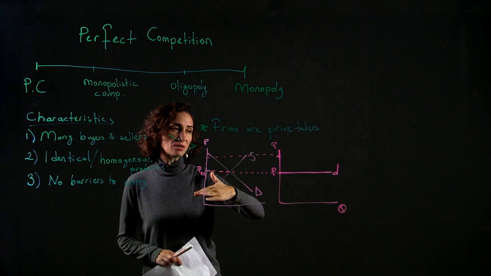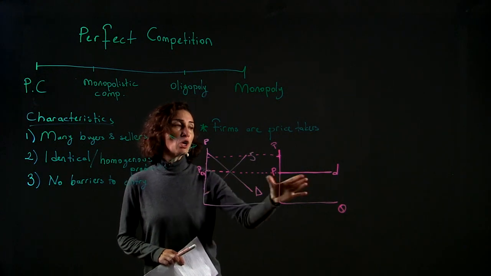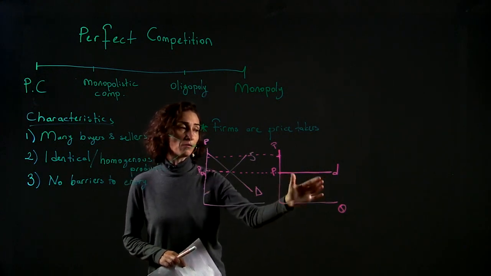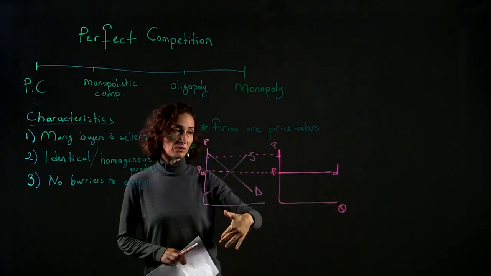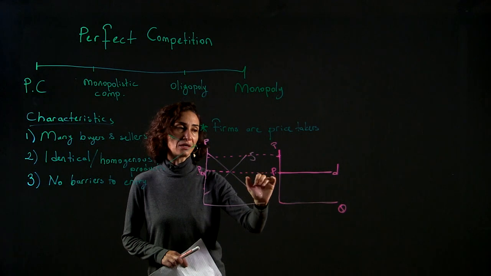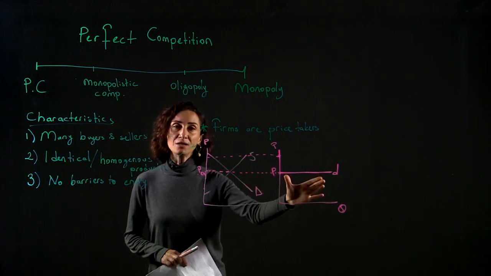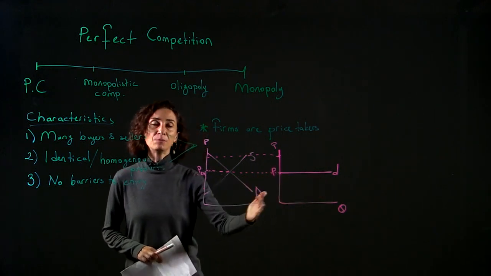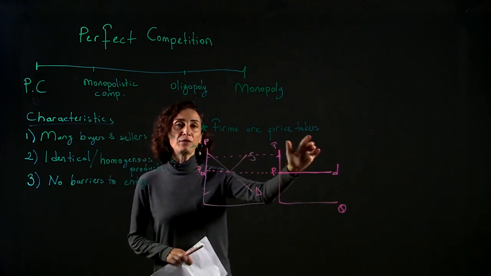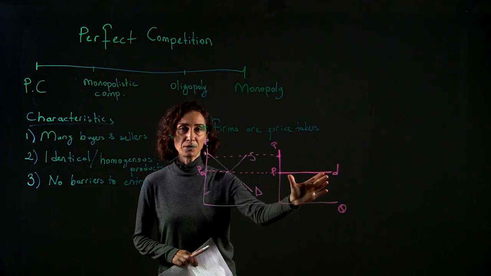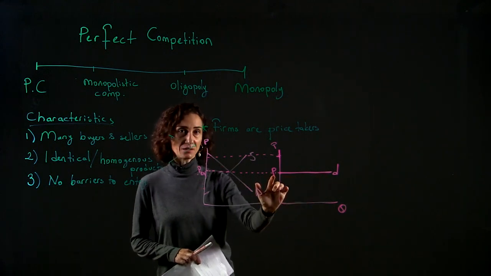We talked about elasticities before. So the demand curve for an individual producer in a perfectly competitive market is perfectly elastic, which is the graphical representation of this idea. Firms in perfectly competitive markets are price takers. They have to accept this price.